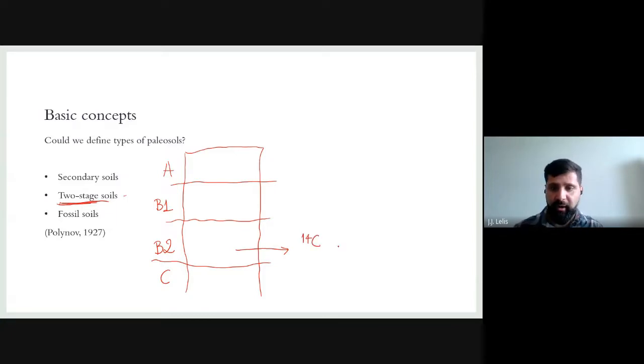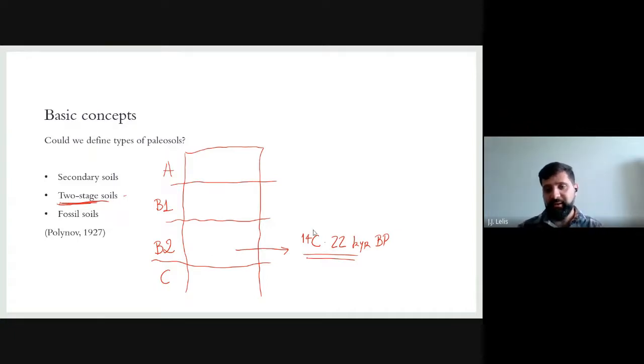I use carbon dating in this example, and I found here like 22,000 years before present. So it's a very old horizon, formed in a different stage of time.